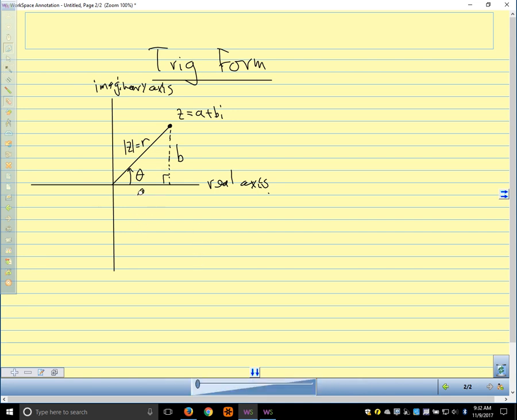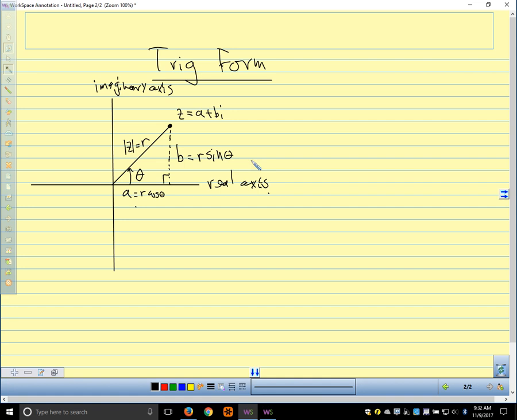Well, this side of the triangle, from SOHCAHTOA, from our right triangle trig, A is r cosine theta. And B is r sine theta. We're just doing opposite over hypotenuse, adjacent over hypotenuse, solving for that side.